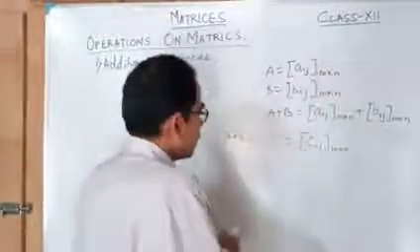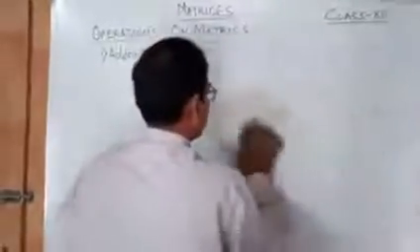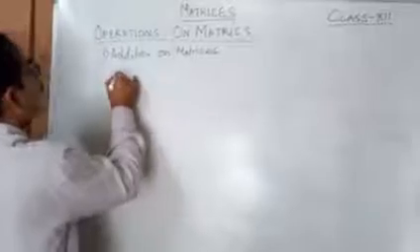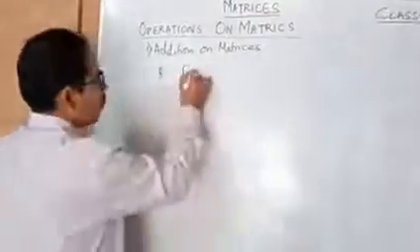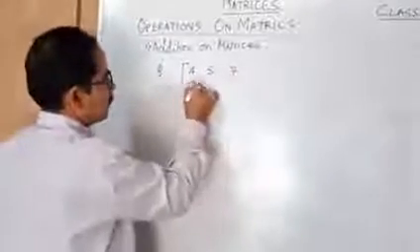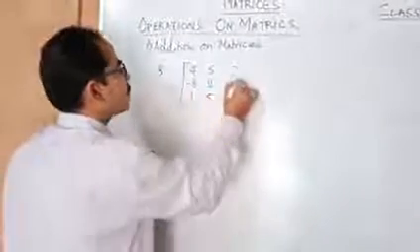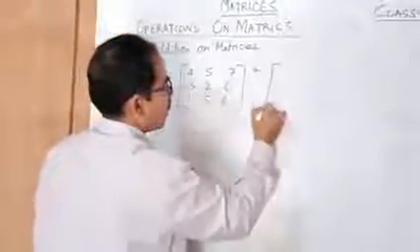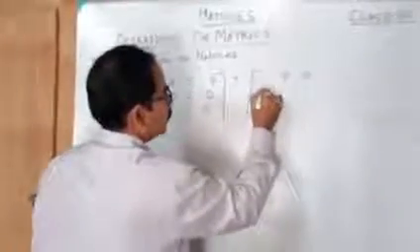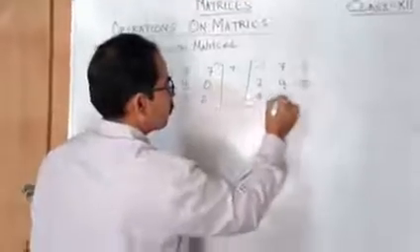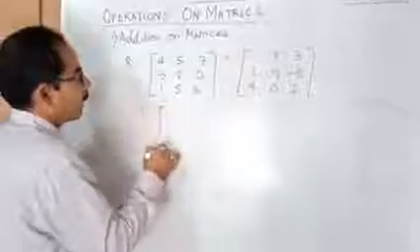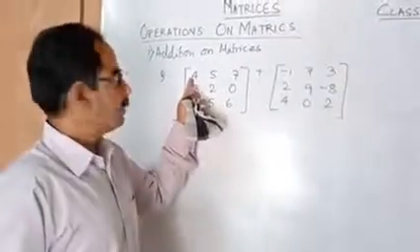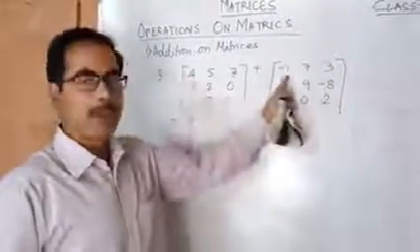Now let us proceed by taking an example. Suppose one matrix I have taken randomly: 4, 5, 7, -3, 2, 0, 1, 5, 6 plus -1, 7, 3, 2, 9, -8, 4, 0, 2. Then what will be the result? Look here. A11 is the position of this one, in this matrix the position of A11 is -1.